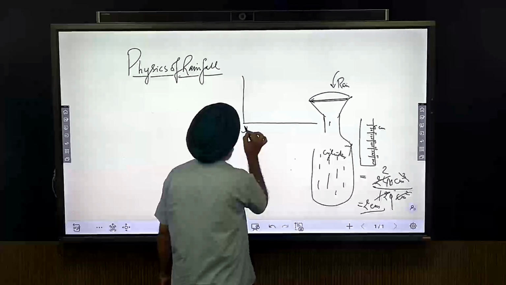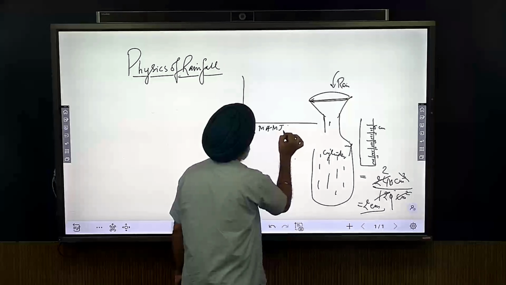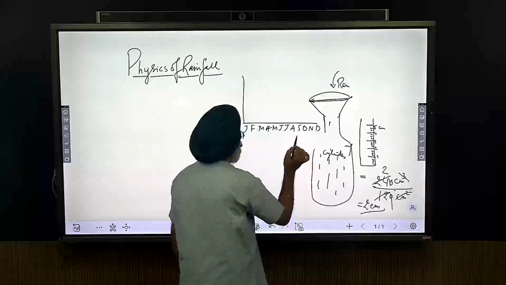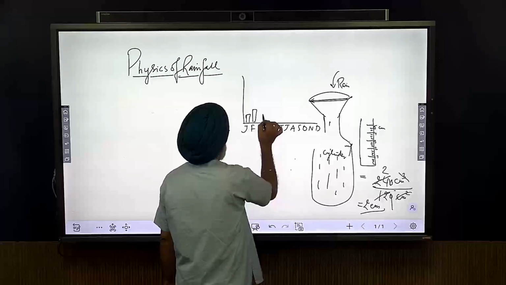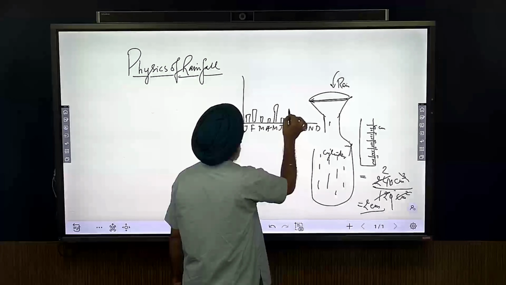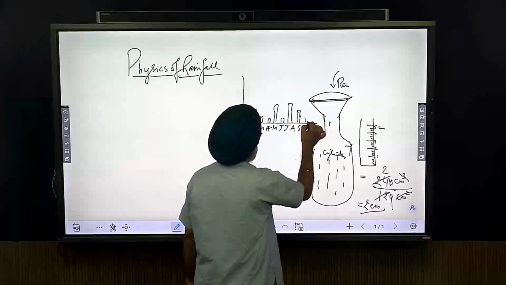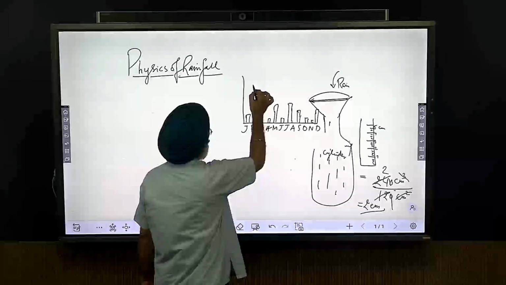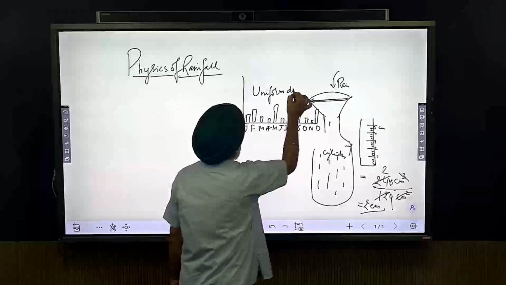So from January, February, March, April, May, June, July, September, October, November and December, here the rainfall is almost in every month. So throughout the year you have some rain, little or more, whatever it is. So we call this uniform distribution.